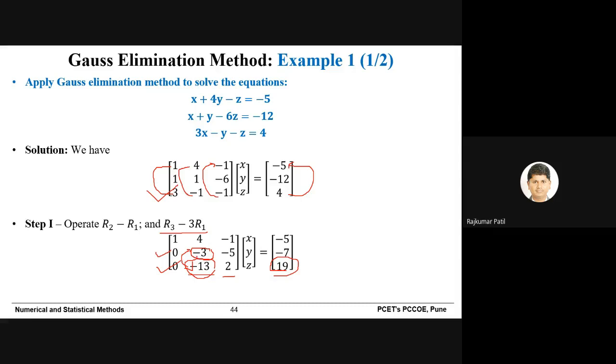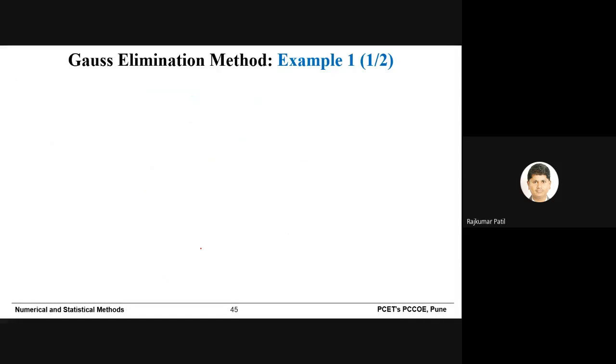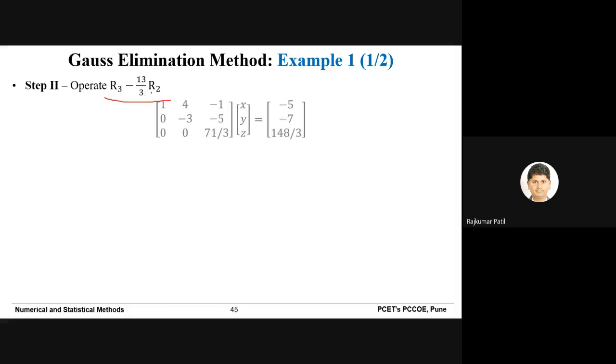As in this particular problem, B22, that is the second element of row 2, is non-zero, so you can directly perform the operation. For that, you will do R3 minus 13 upon 3 R2. And after performing that operation, you will get a new value for C33, which is equal to 148 upon 3.